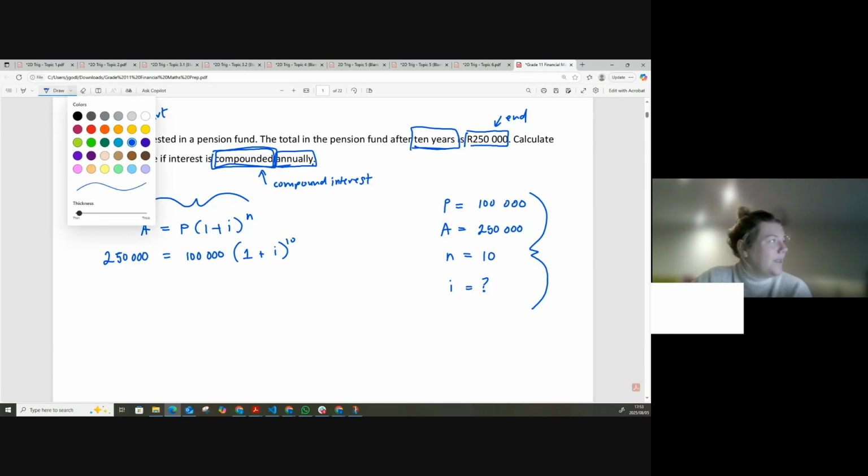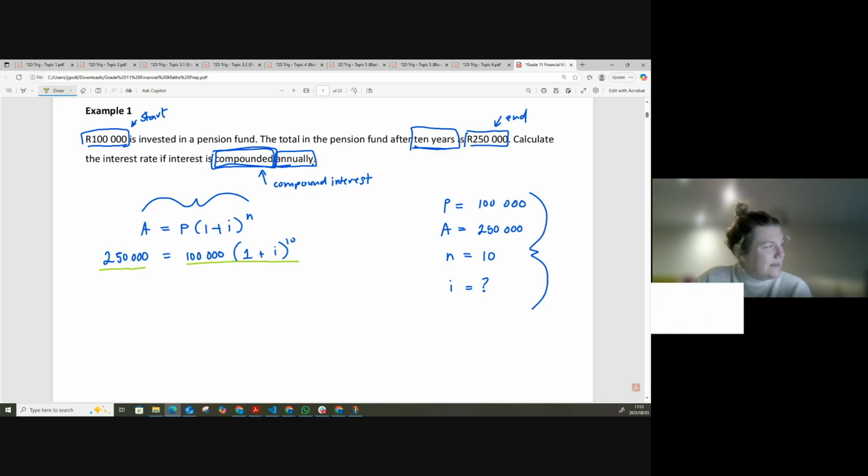All right, first thing we're going to do is divide both sides by 100,000. So that those two cancel, and we are left with 2,5 on this side, and that's equal to 1 plus I to the power of 10.